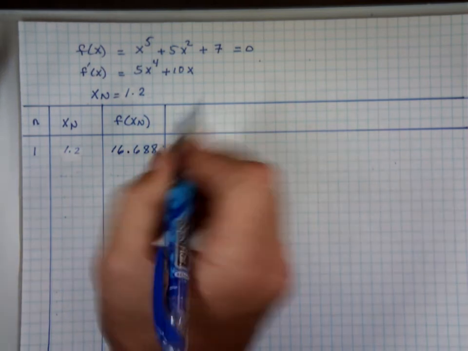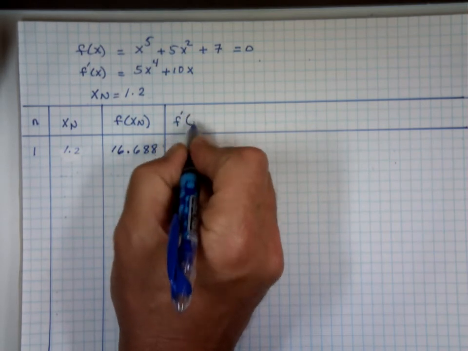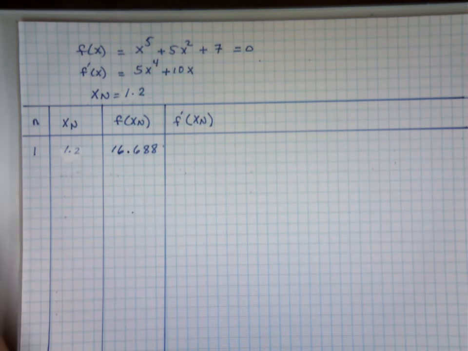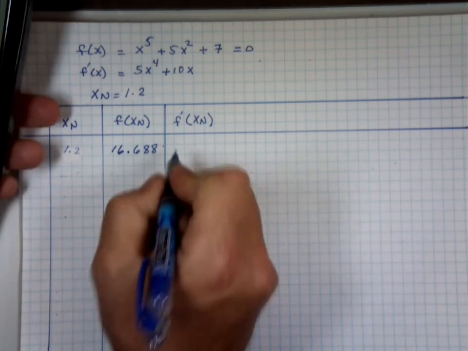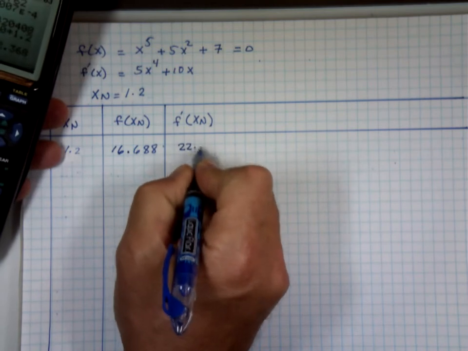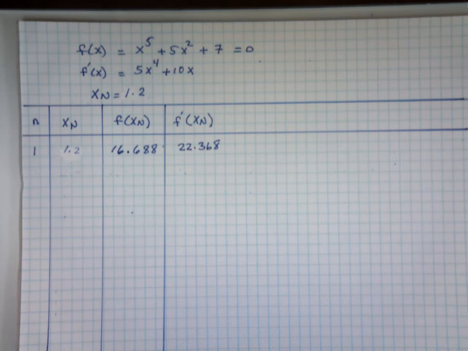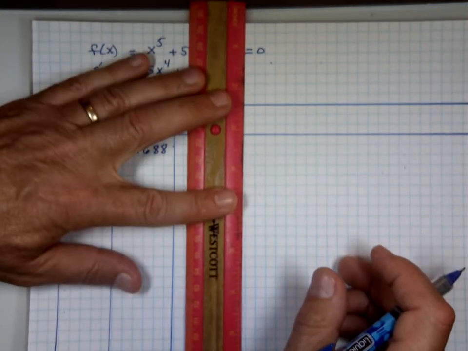What's the derivative at x of n? Here we go. 5 times 1.2 to the power of 4 plus 10 times 1.2. The value is 22.368. The machine is going to take me to the negative value, try to drag me back.